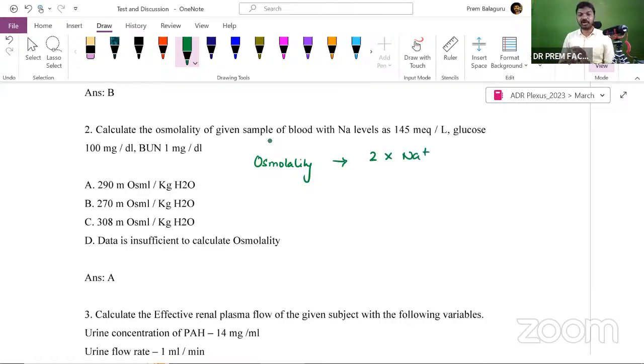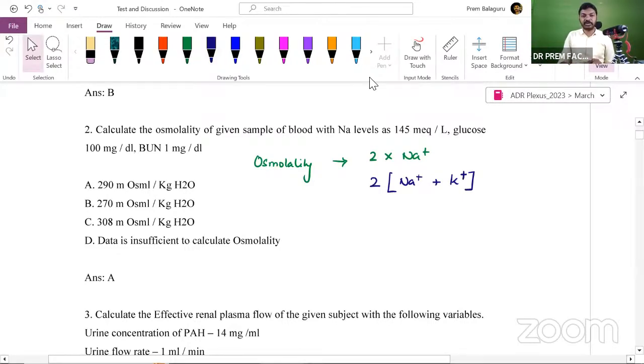That is a very simple formula with which you can calculate osmolality. In case potassium is also given, please go for 2 into the values of sodium plus the values of potassium. If you have the potassium level given in the question, you have to use a different formula, which is going to be sodium as well as potassium.